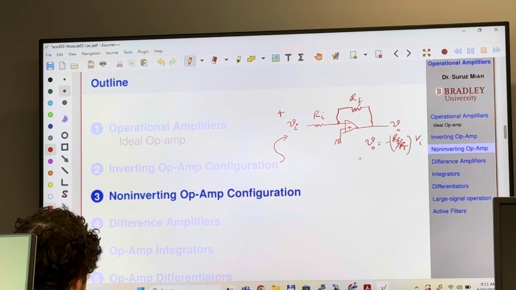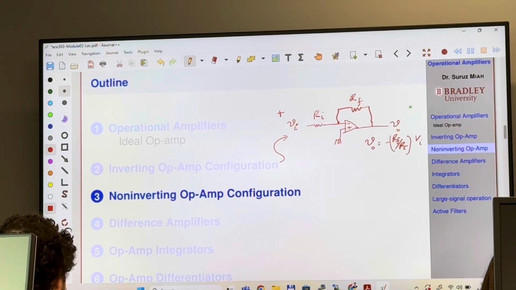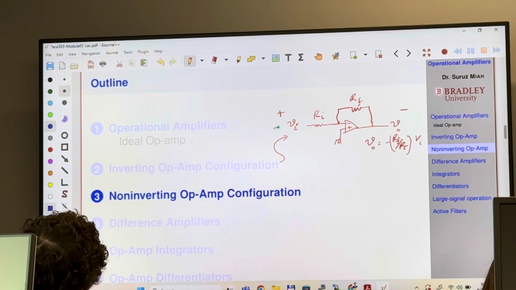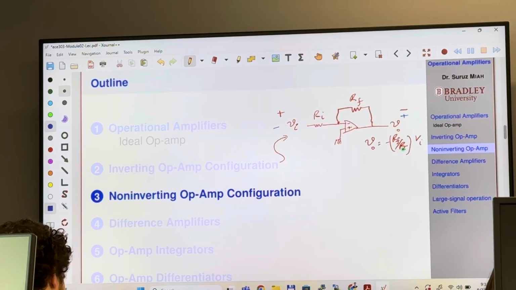which means that if the input is positive, you will get the scaled version of the input, but it is going to be negative. If the input is negative, the output is going to be positive with some scaled version. Did you guys understand?